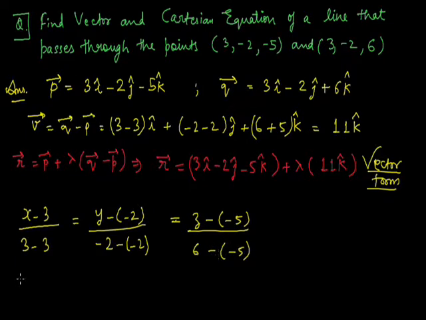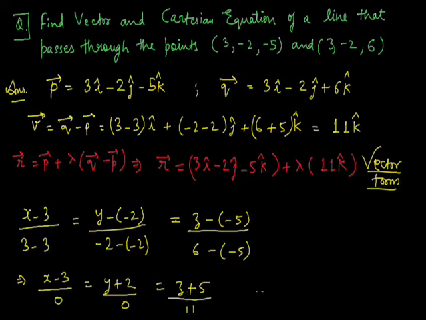After simplification, it will become x minus 3 upon 0 equals y plus 2 upon 0 equals z plus 5 upon 11. This is the required Cartesian equation. Thank you.